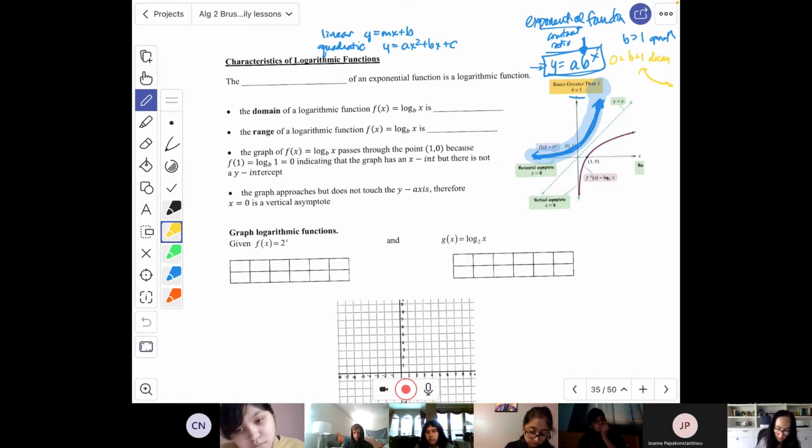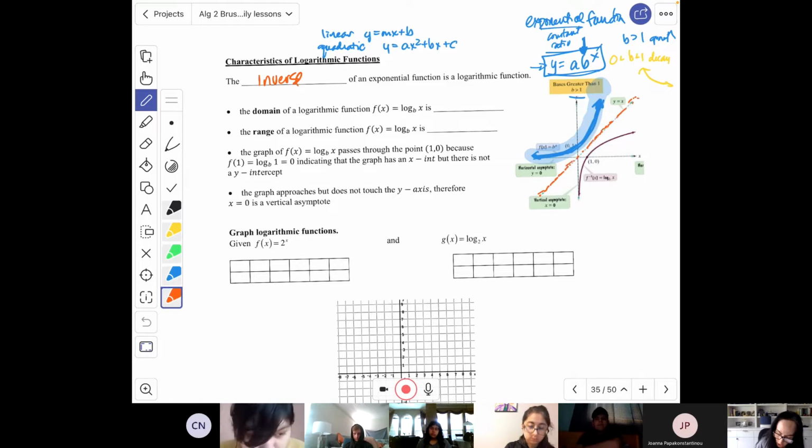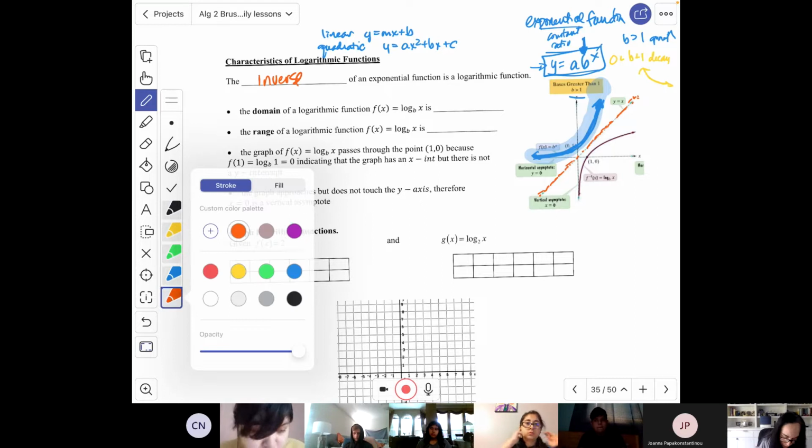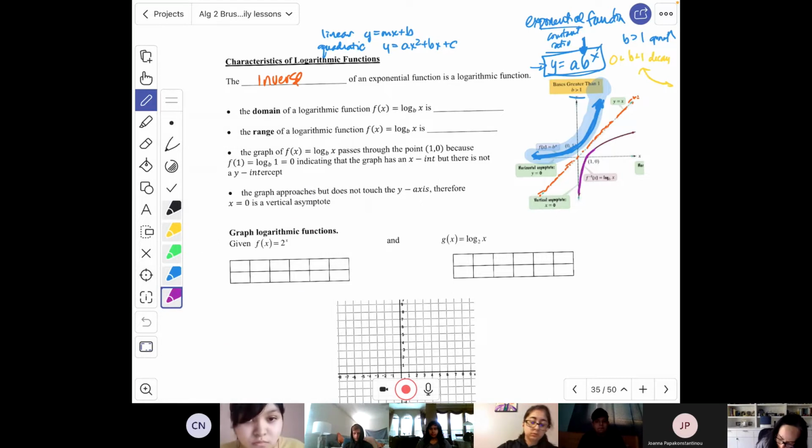All right. So if I take the inverse of an exponential growth function in particular, but really any exponential function, if I reflect this exponential growth function that you see here across this line, you are going to get this function. This function is known as a logarithmic function.